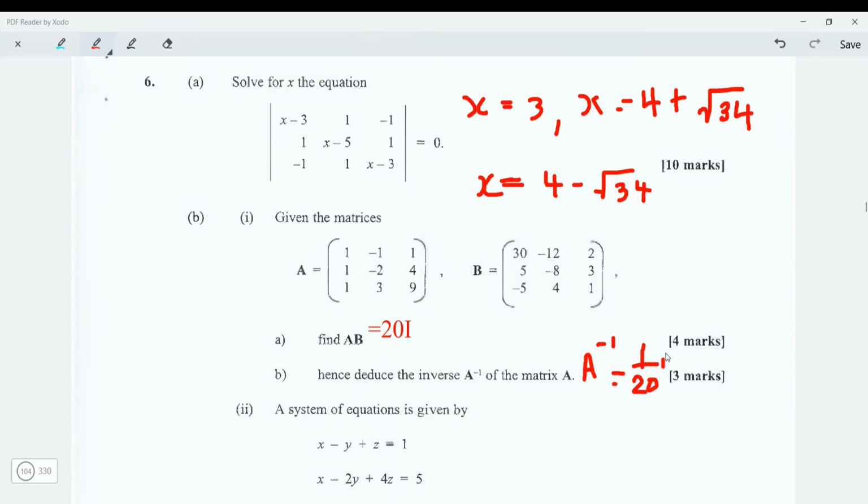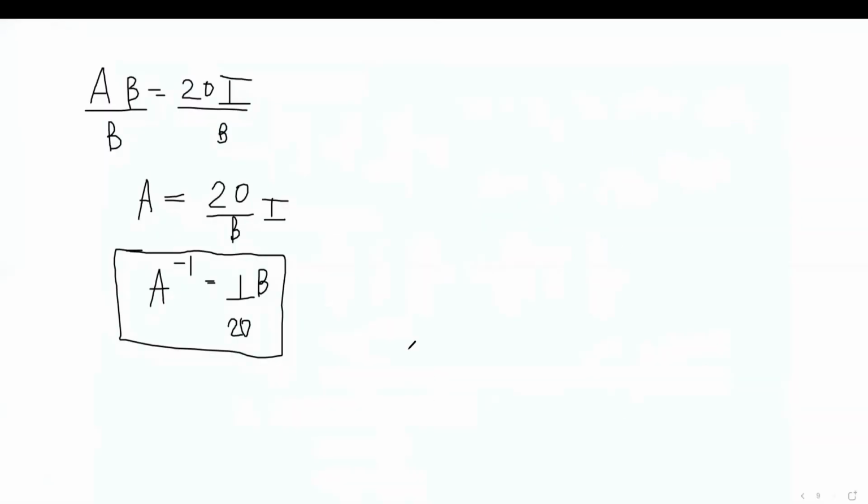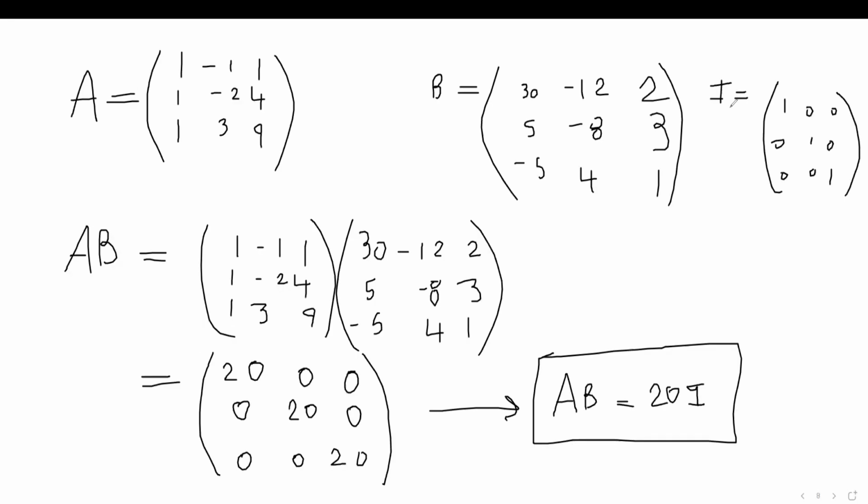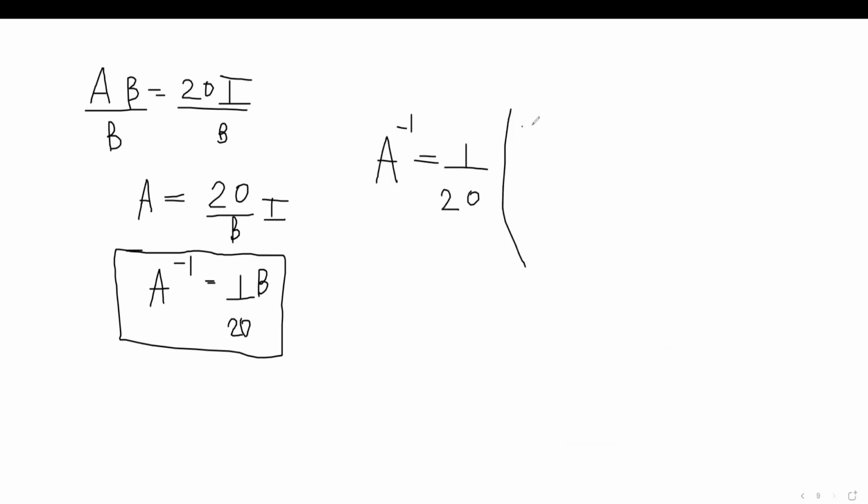Now, you can't stop right there. They say deduce it, so A inverse is going to be equal to 1 over 20 times matrix B. Look back at what they gave for matrix B. So 1 over 20 times 30, minus 12, 2.